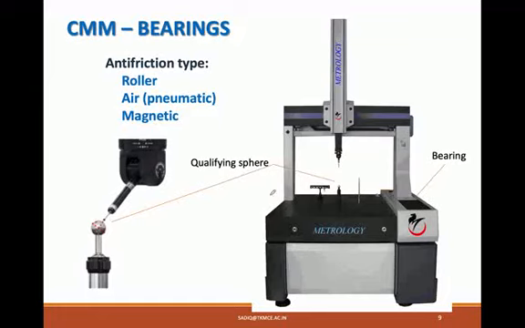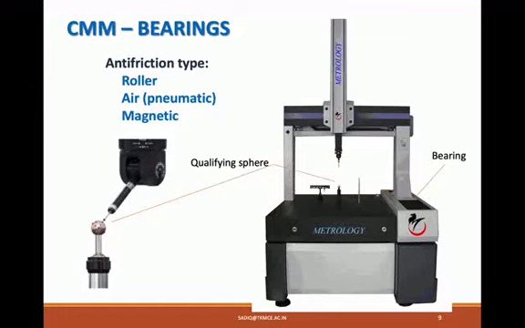So that will require additional setup like compressor, filters, etc. Some CMMs use magnetic bearing also, where magnetic levitation is used to lift or avoid the contact between the slide and the fixed guide, so that the physical contact is avoided, so it will move without friction. This kind of bearings are provided in all the three axes.